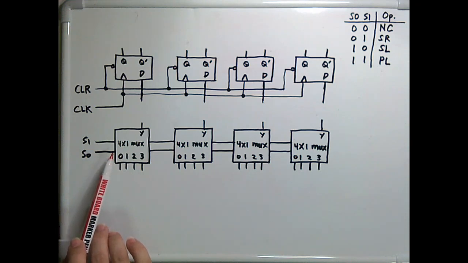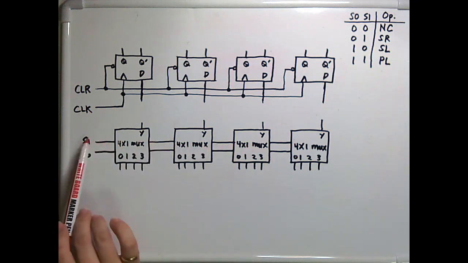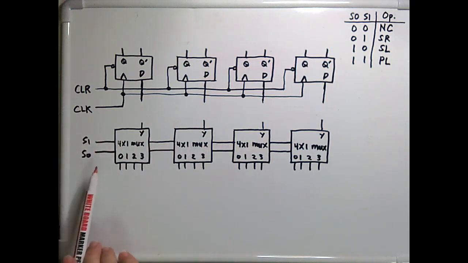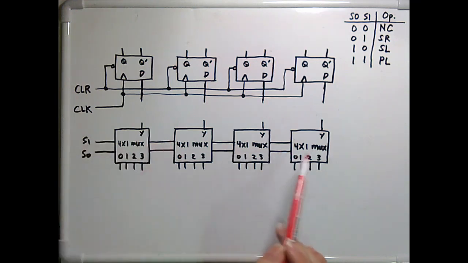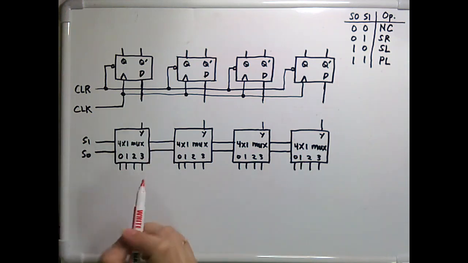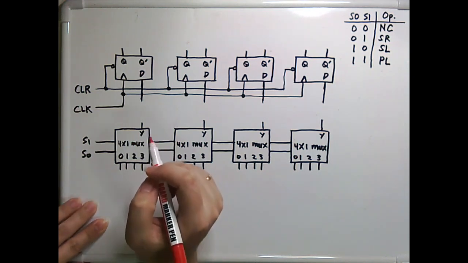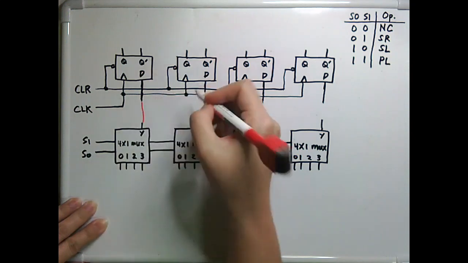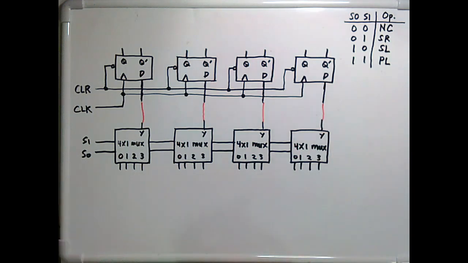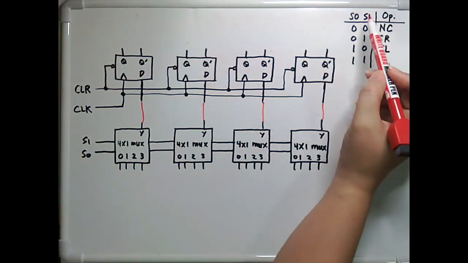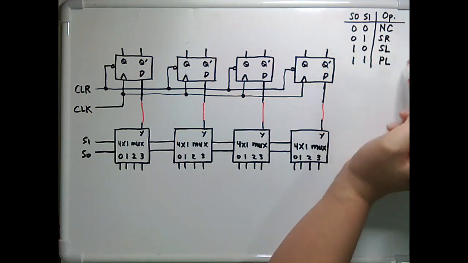These are common selectors, which means that all the selectors of the muxes are connected to the same S1 and S0 source. Just think of this as connected underneath the multiplexers. So anyway, what we must first do is connect the output of the multiplexers to the D inputs. There.